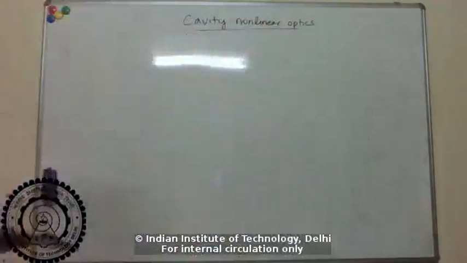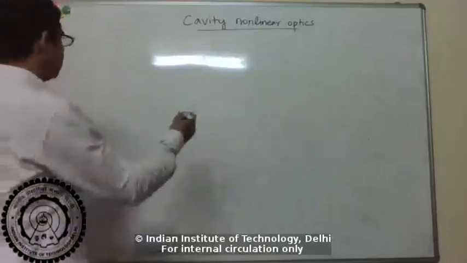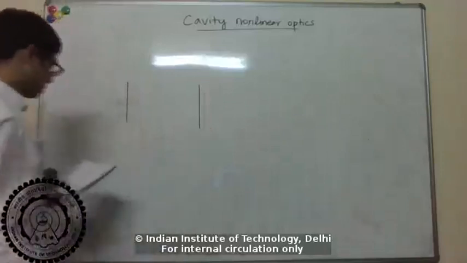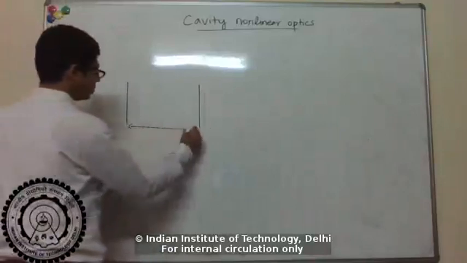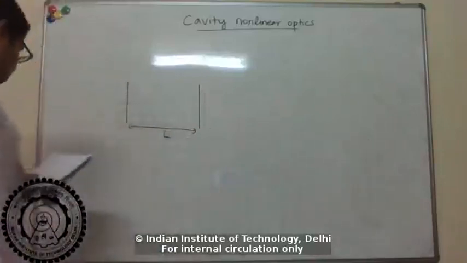So the simplest cavity that one can consider is like a Fabry-Perot cavity, right? So you have two mirrors at some distance L apart, right?